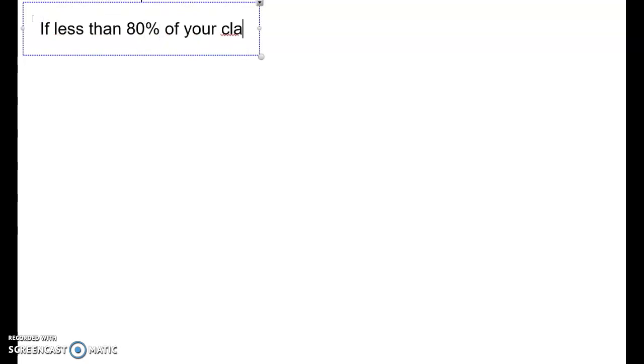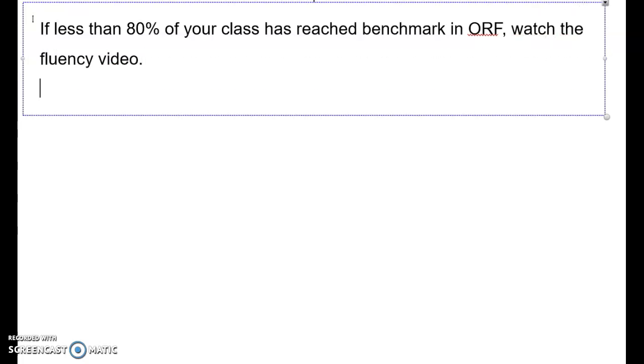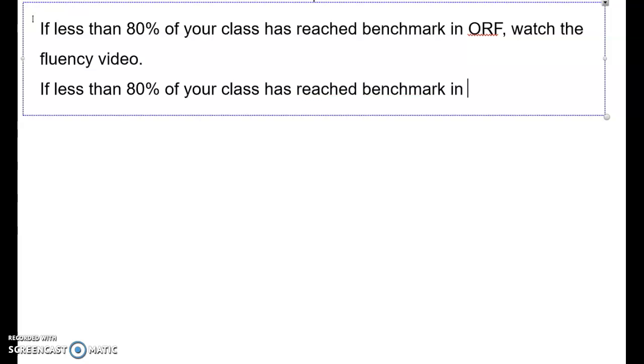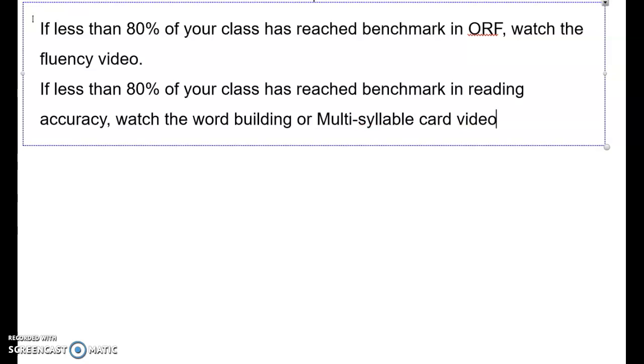So I just pulled up a whiteboard here to recap. Let's see how I can put this. If less than 80% of your class has reached benchmark in oral reading fluency, watch the fluency video. If less than 80% of your class has reached benchmark in reading accuracy, watch the word building or multi-syllable card video.